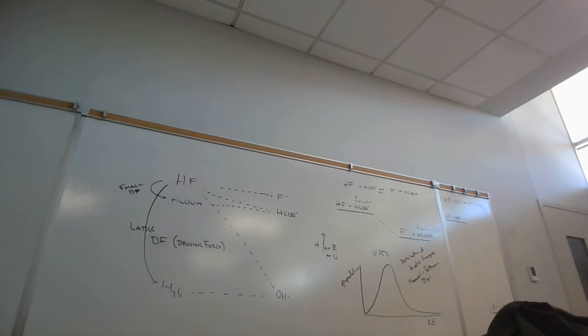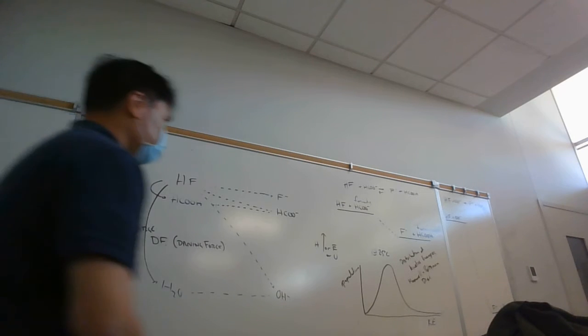If we increase the temperature, it shifts the distribution here. T1 would be at a lower temperature, T2 would be at a higher temperature. If the population stays the same, then the area under the curve is the same. It just shifts it to higher energy. So what happens is this.